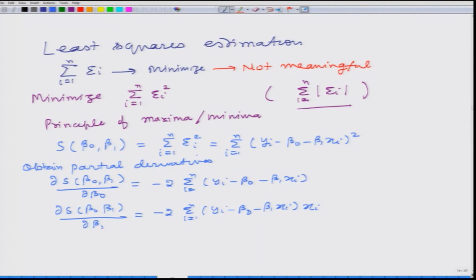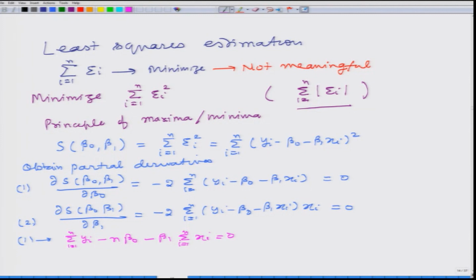Now I put them equal to 0 and solve. Let me call these equation number 1 and equation number 2. If I solve equation number 1, once I open the bracket, this gives me summation i goes from 1 to n y i minus n times beta 0 minus beta 1 times summation i goes from 1 to n x i, equal to 0.